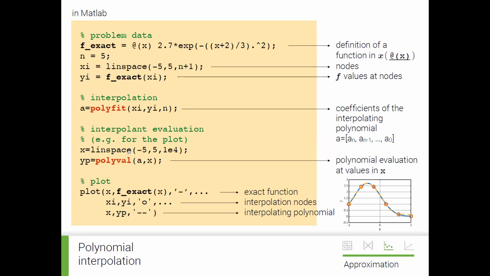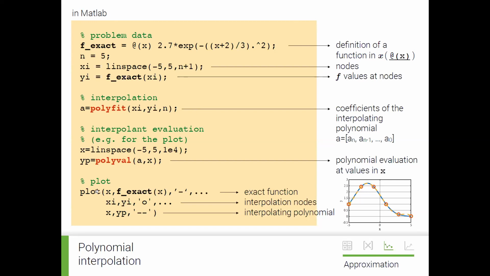And now, evaluation of the interpolant. In this case, this is the command polyval. It means polynomial evaluation at values in x, and then plot the graph.